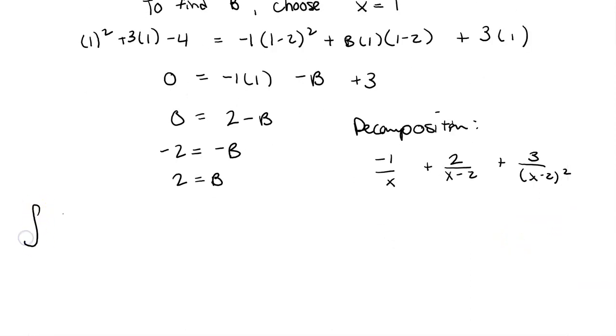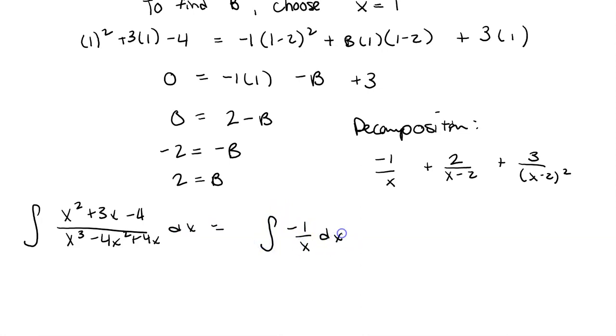So the integral of our original function, which was x squared plus 3x minus 4 divided by x cubed minus 4x squared plus 4x dx, is now going to be the integral of negative 1 over x dx, that's just the a, plus the integral of 2 over x minus 2 dx, plus the integral of 3 over x minus 2 squared dx.